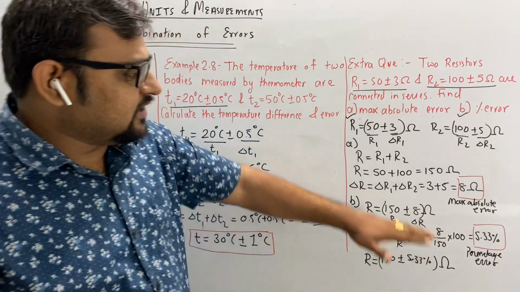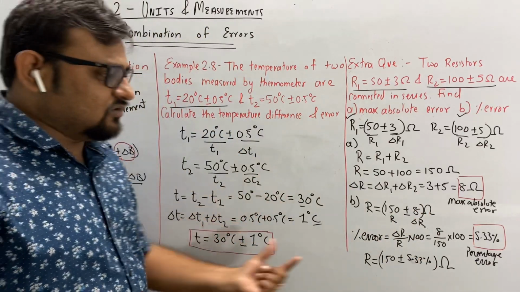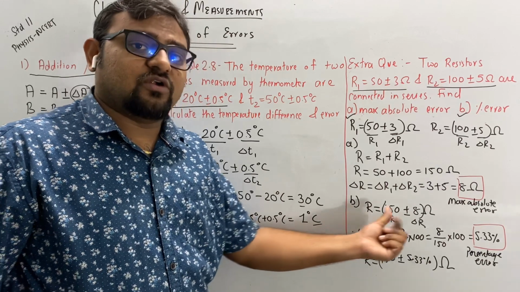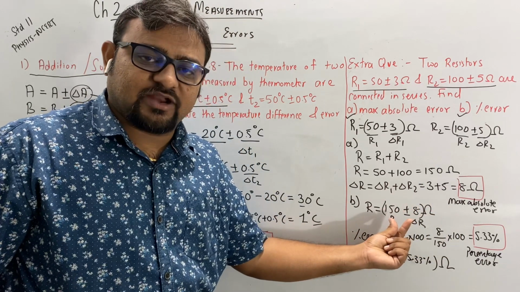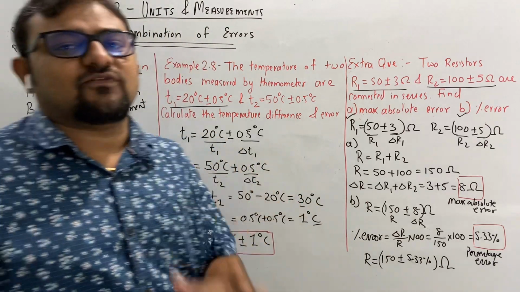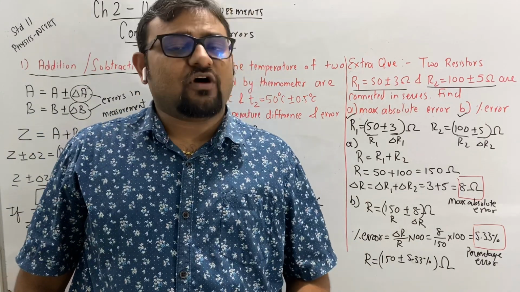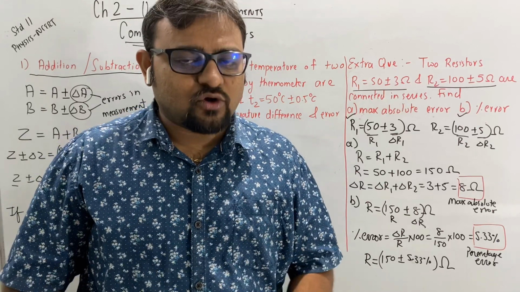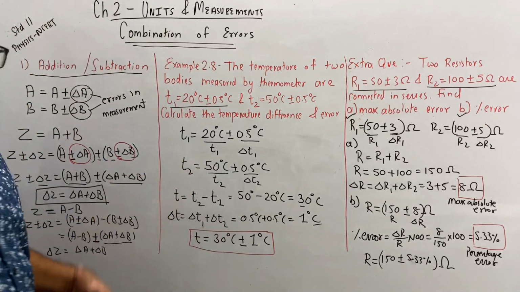Clear? So till here is the same as we had done. Now this is to find the percentage error. How to find it? Delta R by R, relative error, into 100. Clear? So this was about combination of error for addition or subtraction. So note down all the things that are written on the board.